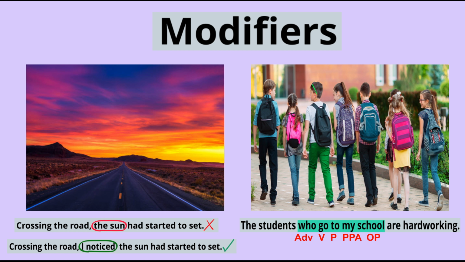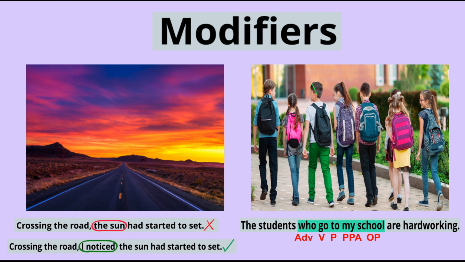What does an adverb do? It modifies a verb, an adjective, or another adverb, right? To my school is a prepositional phrase. To is the preposition, my is the possessive pronoun adjective, and school is the object of the preposition. So this phrase, who go to my school, is the modifier.